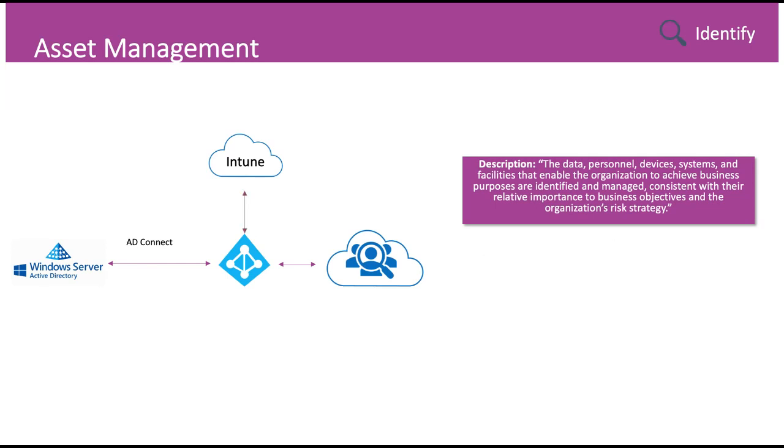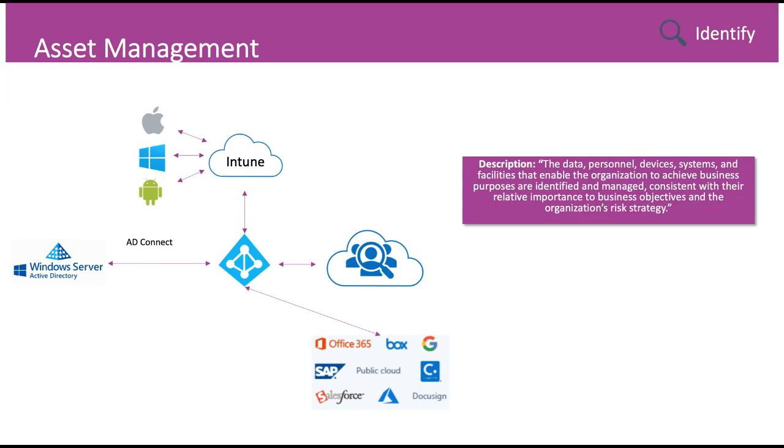To understand the asset management side of things, because you've now integrated your on-premise Active Directory with Azure AD, you can leverage Intune to manage the devices within this, and that covers macOS, Windows, and Android.